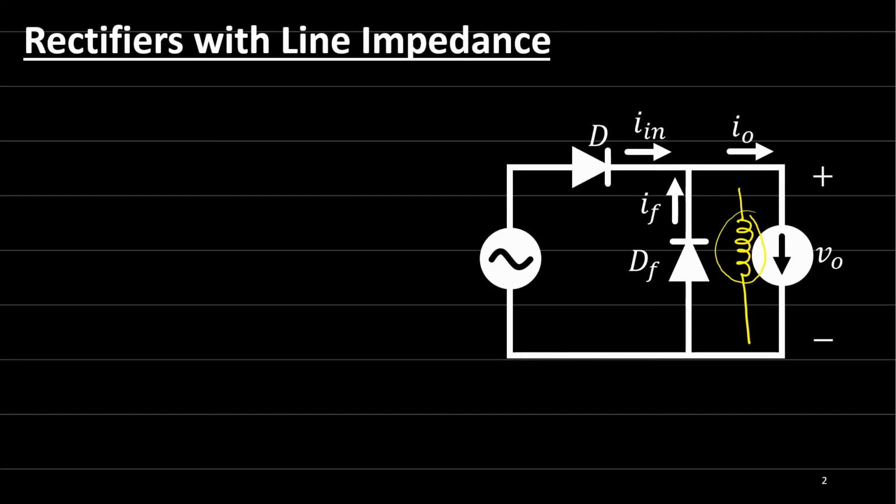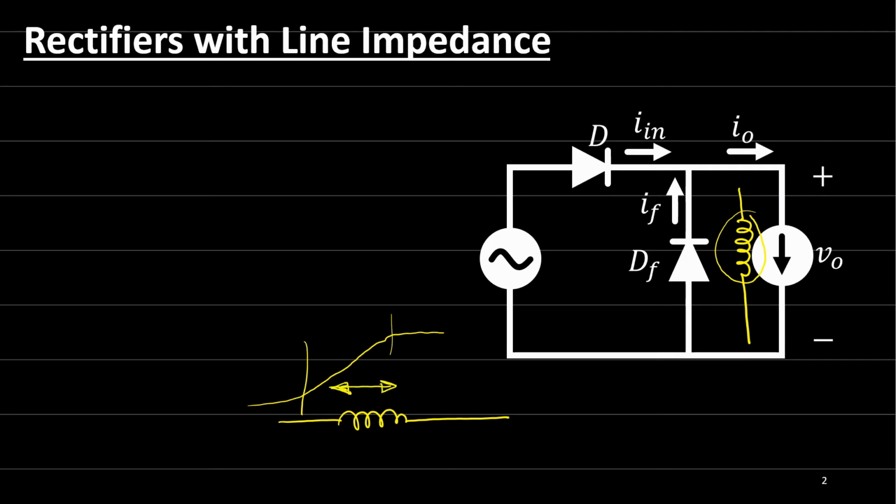Why current source? Because if you remember, we said that the inductor holds the current, makes delay for the current. If we have a small value for the inductor, then the current can be delayed for a small period of time.